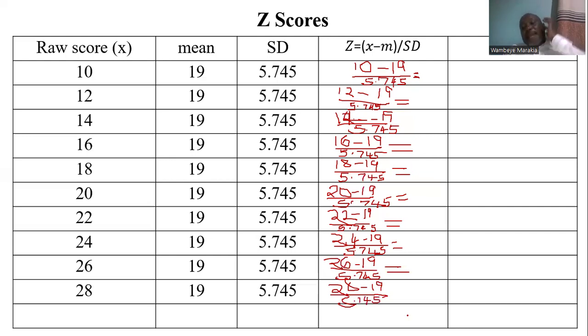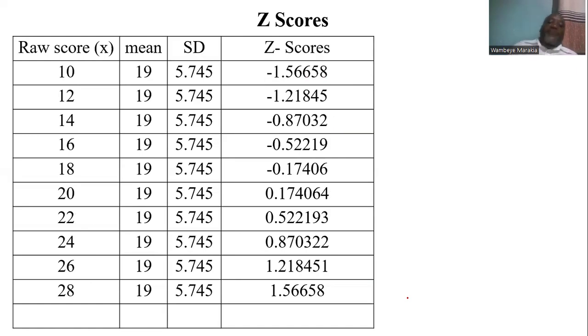Good. Now, there's one thing you should have realized in your answers. You should have gotten these values. The first value is negative 1.56658. The second value is negative 1.2185. The z-score associated with the raw score of 14 is negative 0.87032.